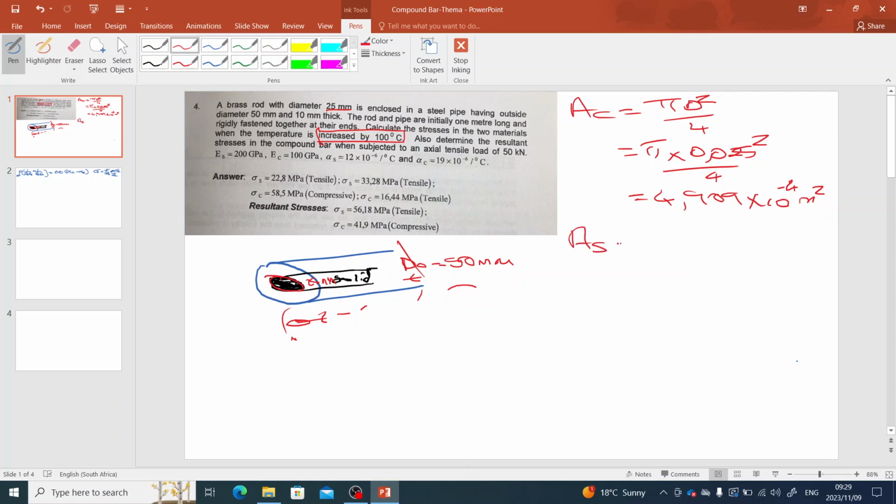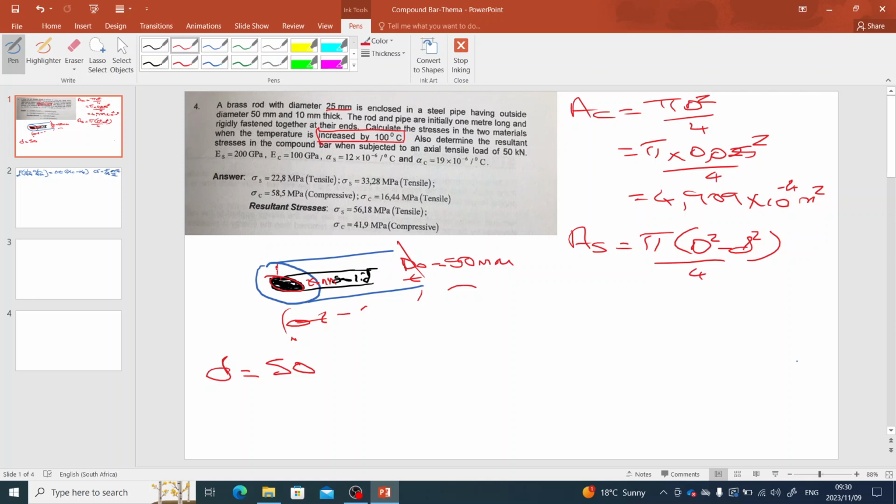Then my area of steel would be pi, since the steel is hollow, it will be big D squared minus small d squared, divided by 4. Now we need to get the small d. Remember the big diameter is given as 50, and the thickness is given as 10.